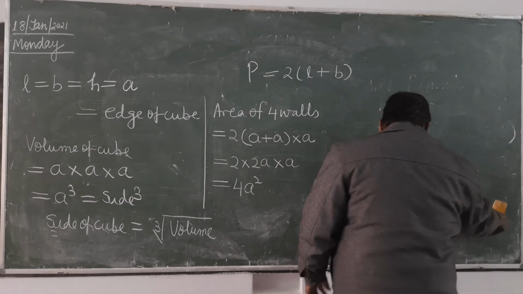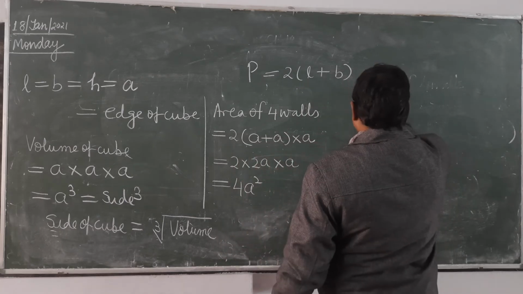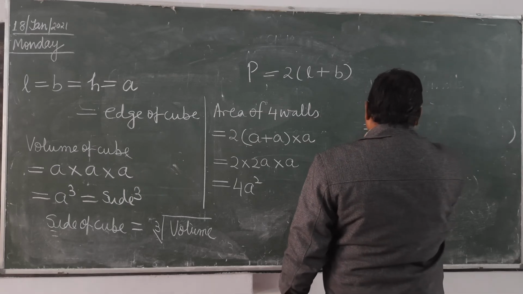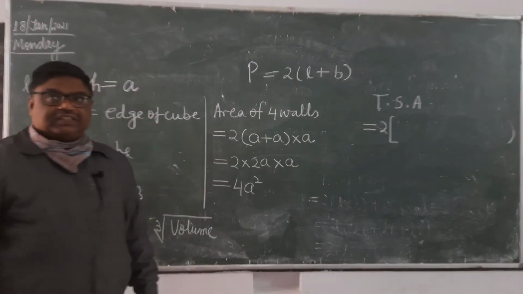Then total surface area. You can see here total surface area will be equal to, what is the formula? LB plus BH plus HL.